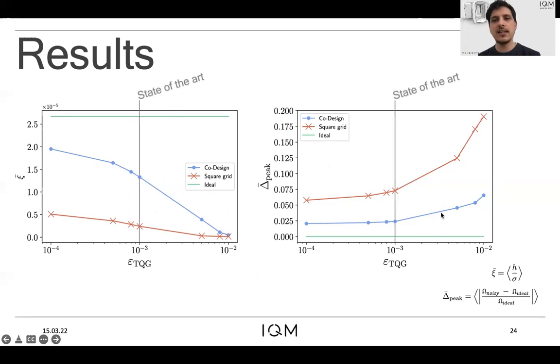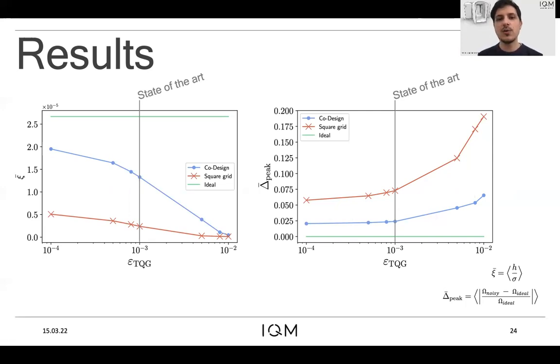So if we study the state-of-the-art parameters, we can see that we can improve both quantities by a factor of 3 by using co-design. And indeed, in this case, we can obtain the same results as square grid by using a 2 qubit gate error that is 1 order of magnitude worse in the co-design approach than in the square grid approach.